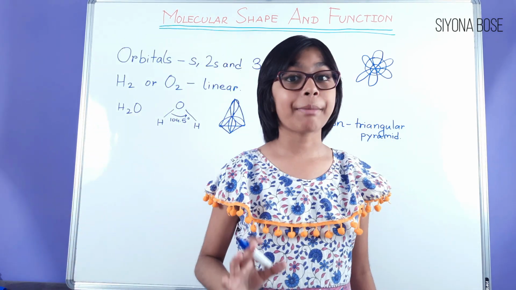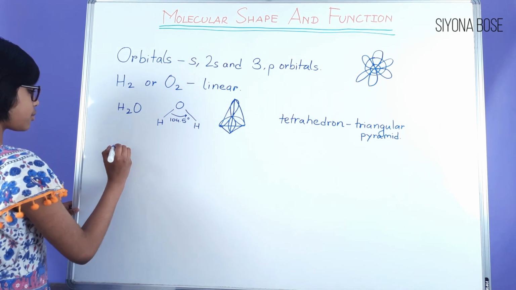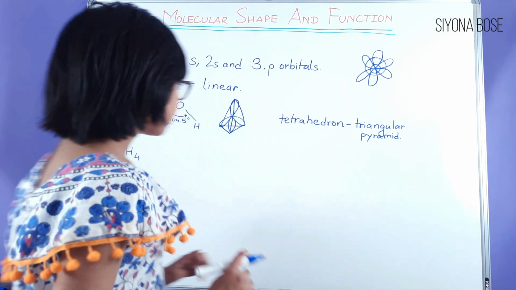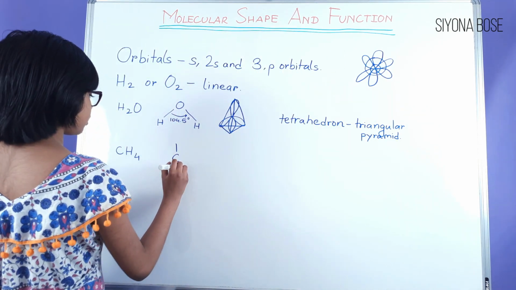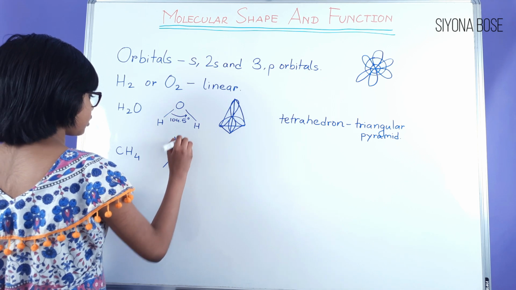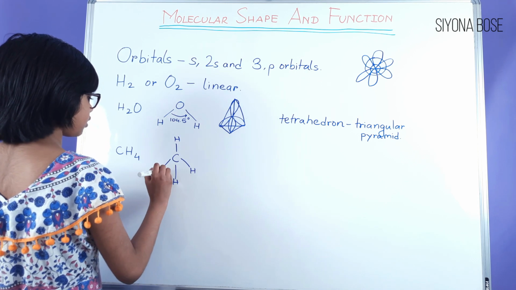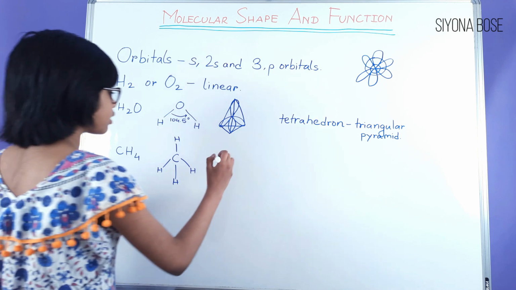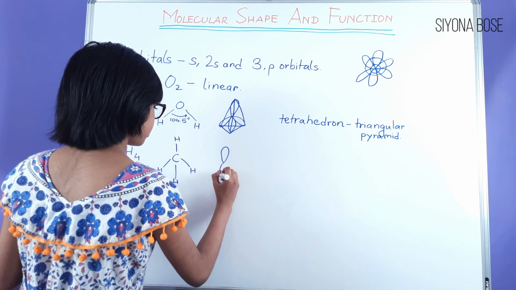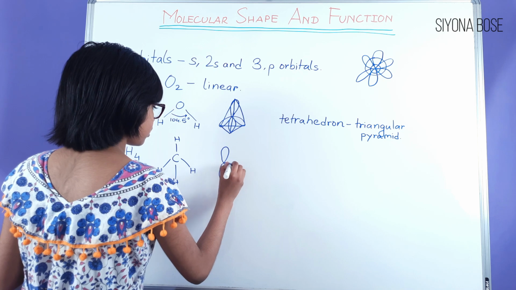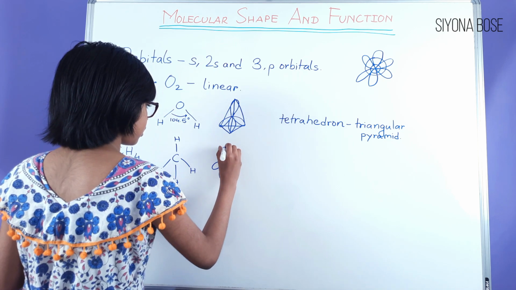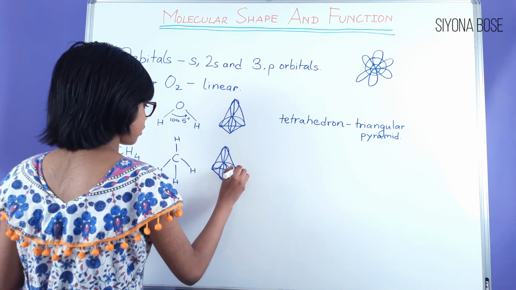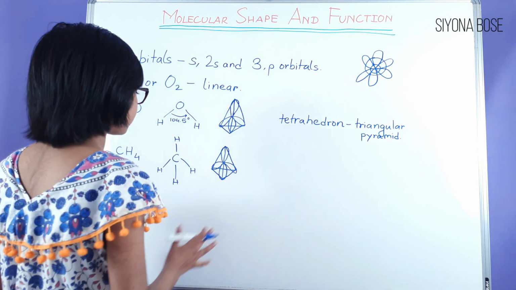Another example is methane, CH4. Its structure is like this, and it gets the perfect tetrahedron shape. If we superimpose this on this, this is another way we can look at it.